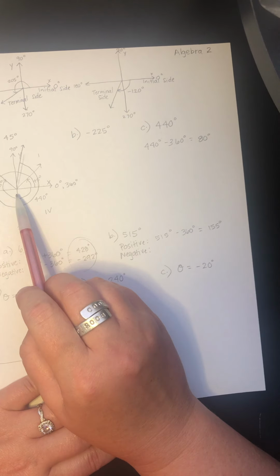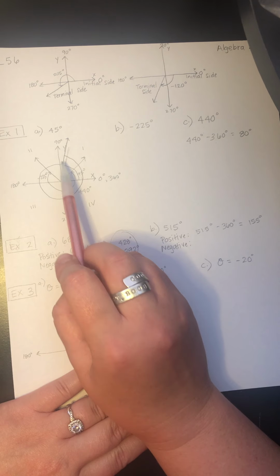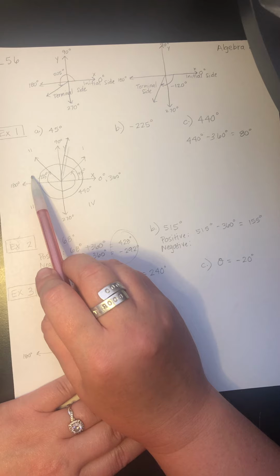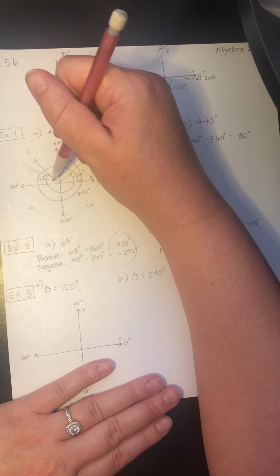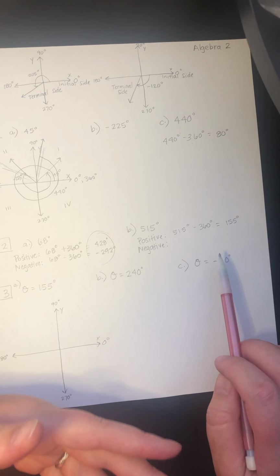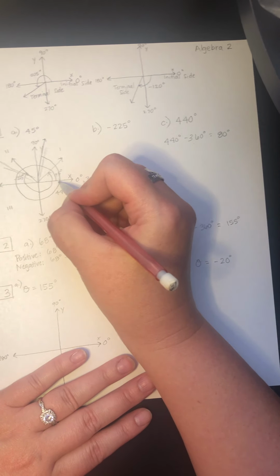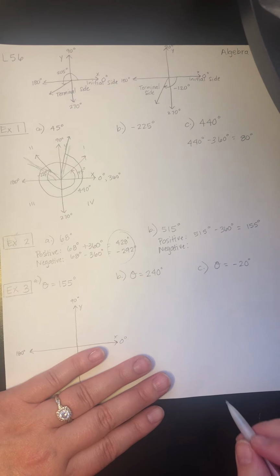So again, starting at 0, if we went around one time, that'd be 360. And again, right about here probably is 515 degrees. We wanted another way to say 515 degrees, so we subtracted 360 and got 155. If you start at 0 and go 155 degrees, you end up right here, the same spot.